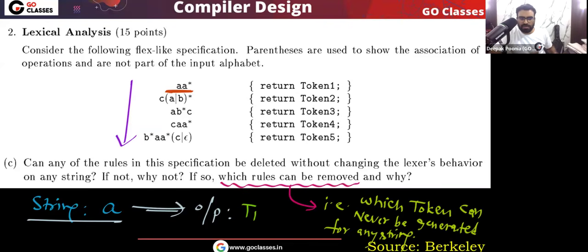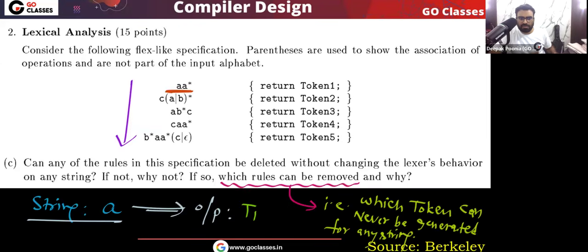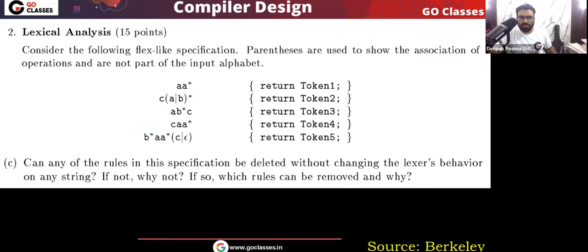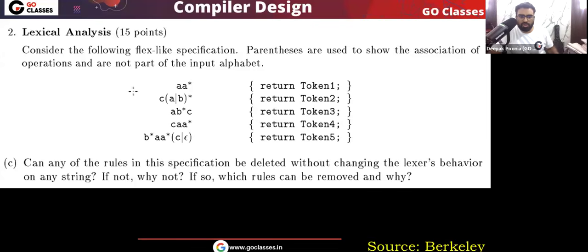Okay, so you can easily see here, I can say that definitely this rule I cannot delete. The first rule definitely I cannot delete. Okay, so you go from top to down. Now, what about this rule?